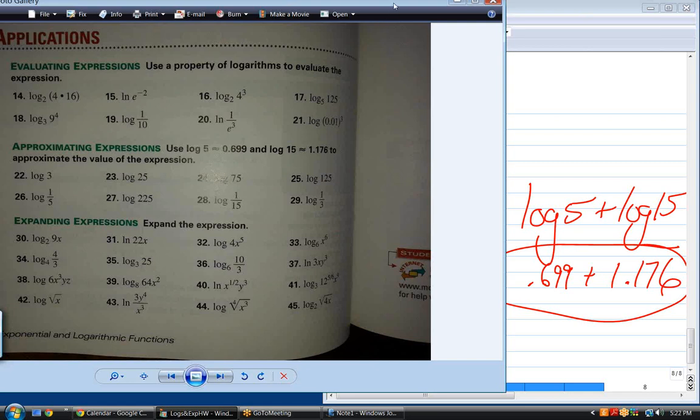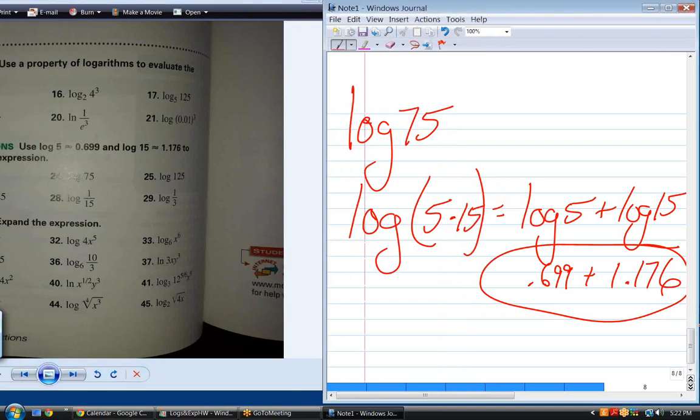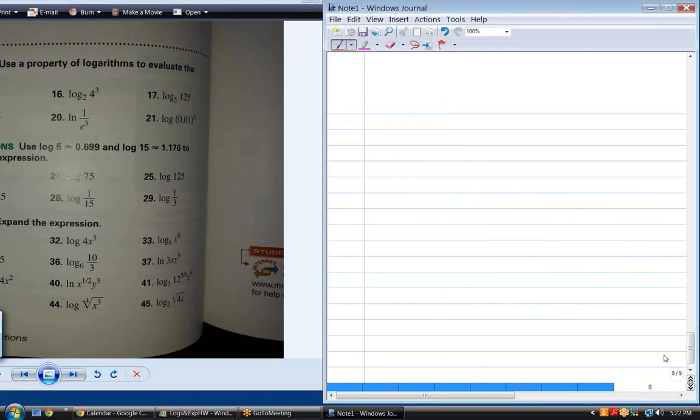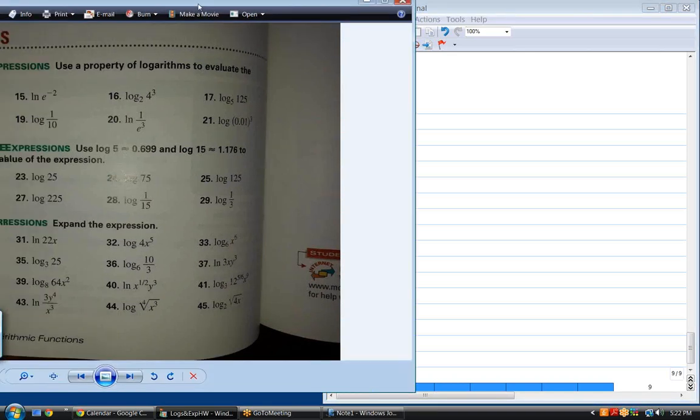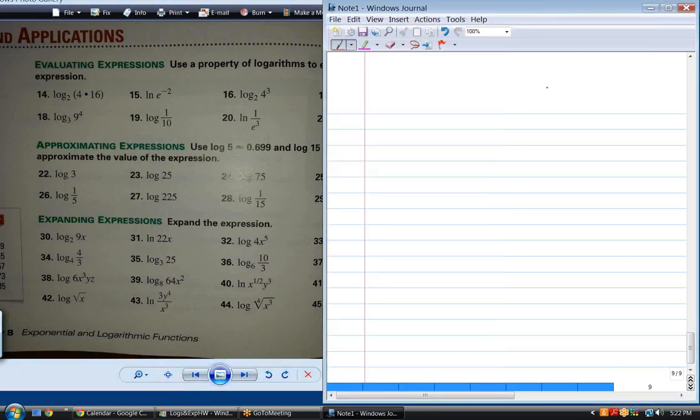How about 125? How am I going to make that out of those two numbers? Log 5 cubed. You got it. How about log of 1/5?